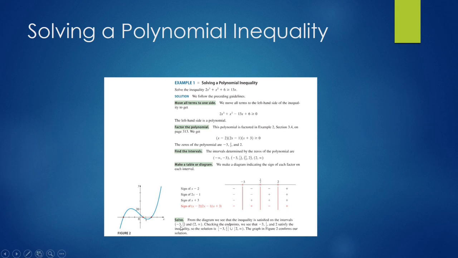Okay, so those are my intervals. I can write it out this way, or I can write it using set notation, which is: I'm looking for values from -3 to 1/2, the brackets tell me that I'm inclusive, union from 2 to positive infinity.